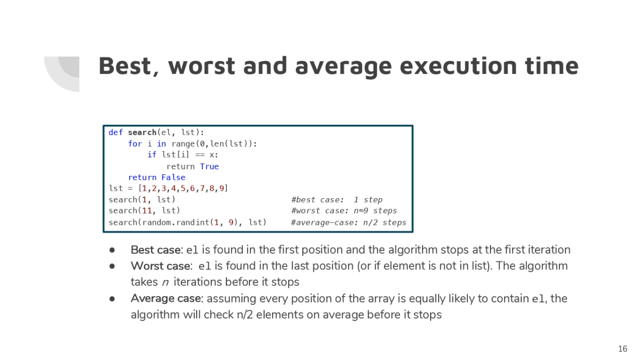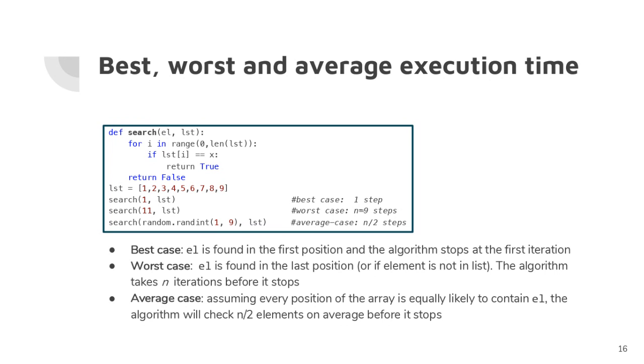If you have this list here of sorted numbers and we search for 1, in the best case, 1 is at the first index. So we're not going to do n loops. We just find 1 at the first index and return true. So in the best case, this algorithm only requires 1 step, even if you have millions of elements.